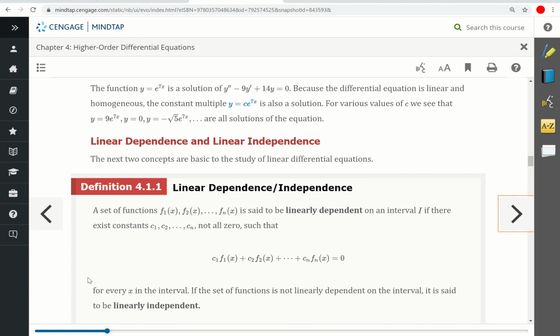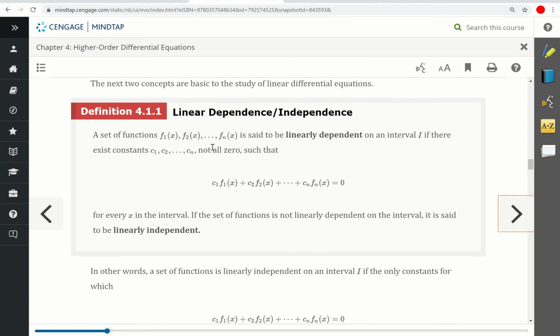The next thing this brings us to is definition 4.11, which is that of linear independence or linear dependence. So let's suppose that we have a set of n functions, label them f1 of x up through fn of x.